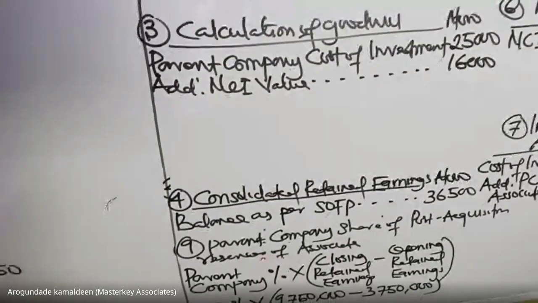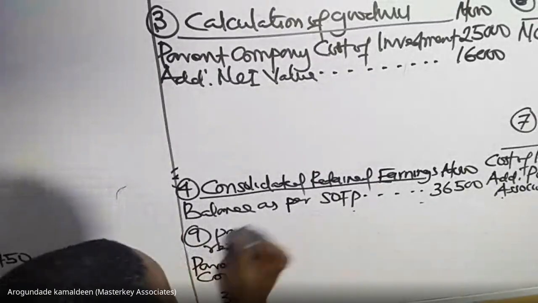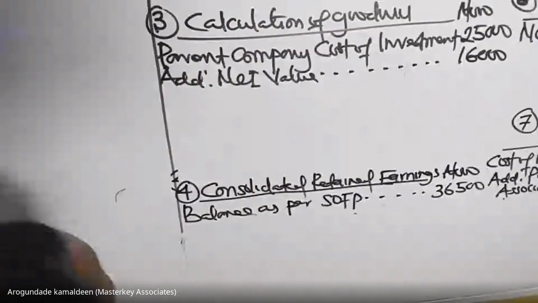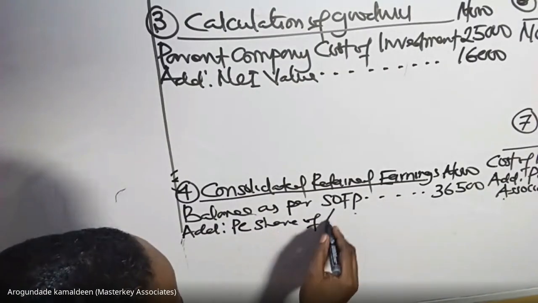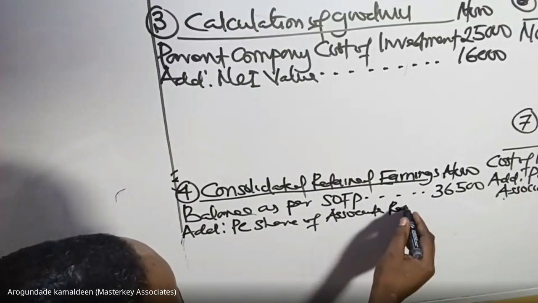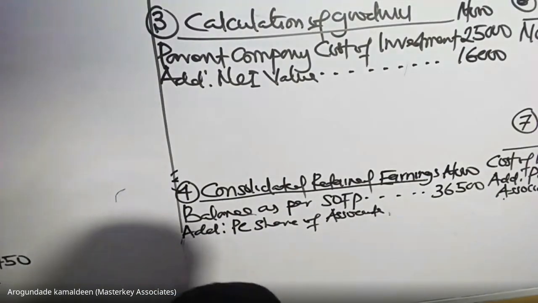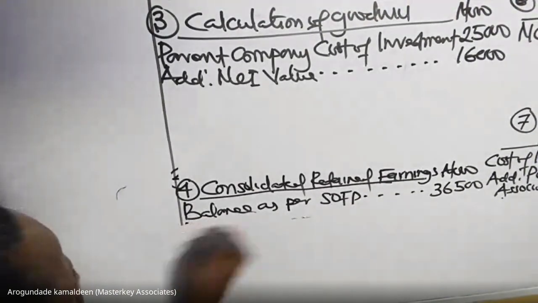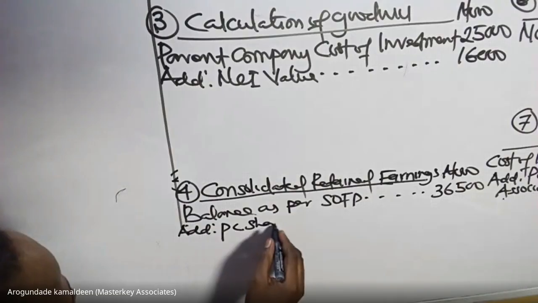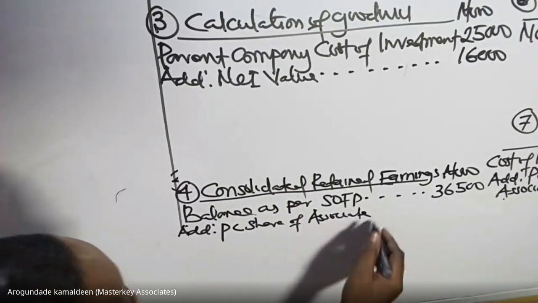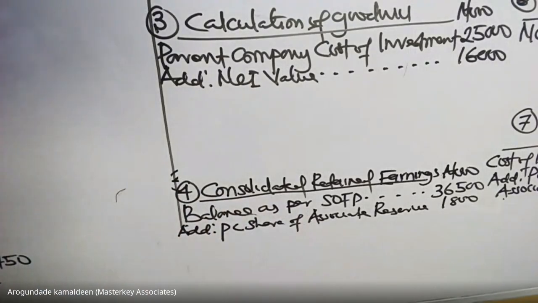You will also add to the consolidated retained earnings, associate reserves, 1.8. So we have done that.